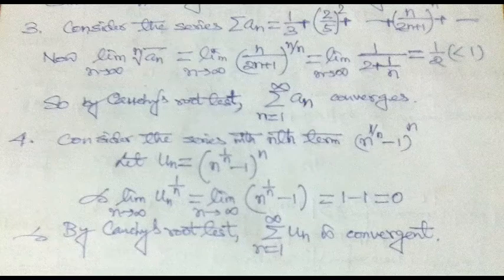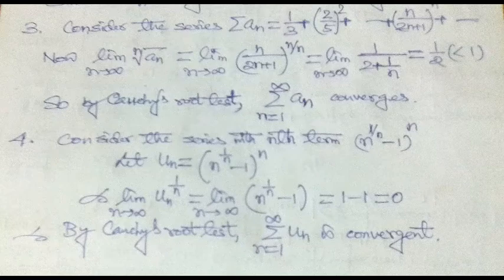Now go to the fourth example. In the fourth example we are considering a series with nth term (n to the power 1 by n minus 1) whole to the power n. So this is quite complicated. So here let u_n equals (n to the power 1 by n minus 1) to the power n. So in this case we also consider Cauchy's root test.